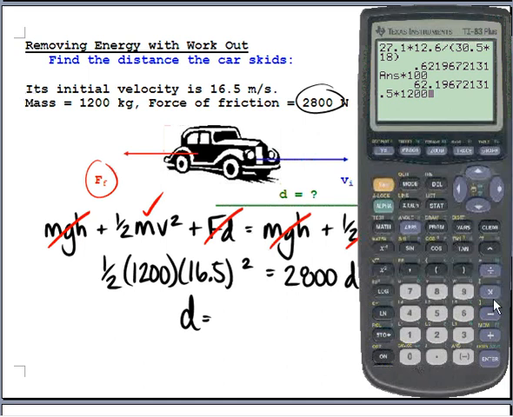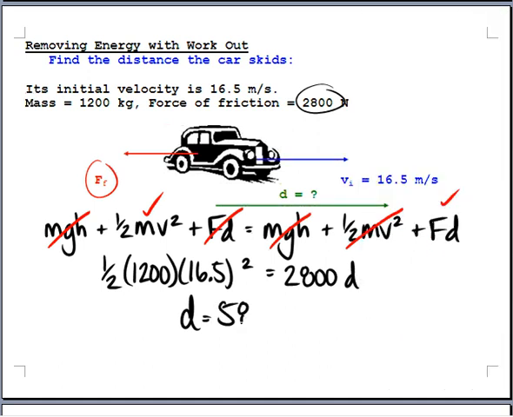0.5 times 1200 times 16.5 squared. So there's your kinetic energy, and then divide by 2,800. 58.3 m for meters. Done.